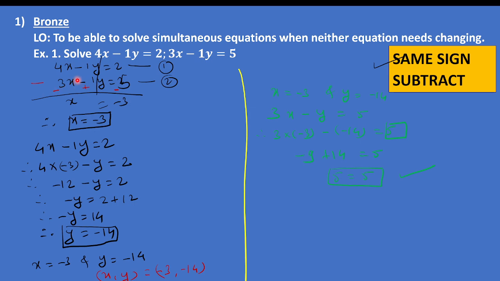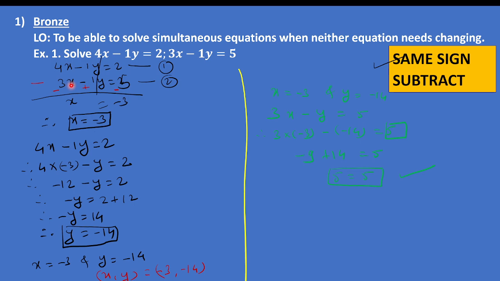Just according to this minus minus sign, we are going to use the appropriate sign to cancel out this y term completely. So whenever we have the same sign, like here we have minus minus, I'm going to use the minus sign for the second equation. So I'm putting the minus sign outside this equation, so all the terms of the equation will change their sign.